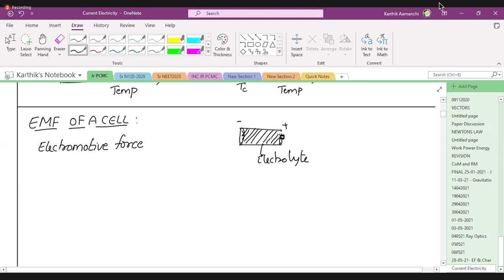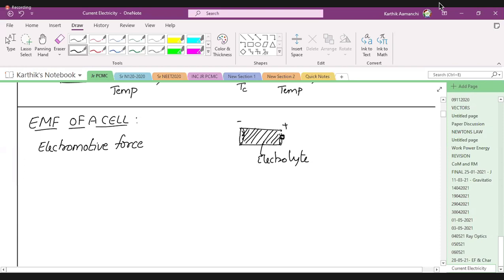That means the electrolyte is getting depleted, and the maximum potential between the terminals decreases. Hence the EMF decreases, and slowly your battery becomes dead. Understood?